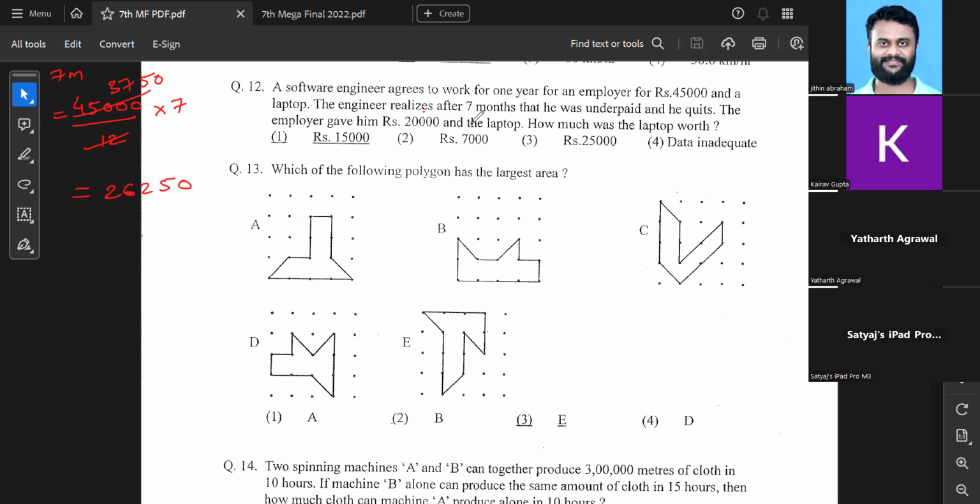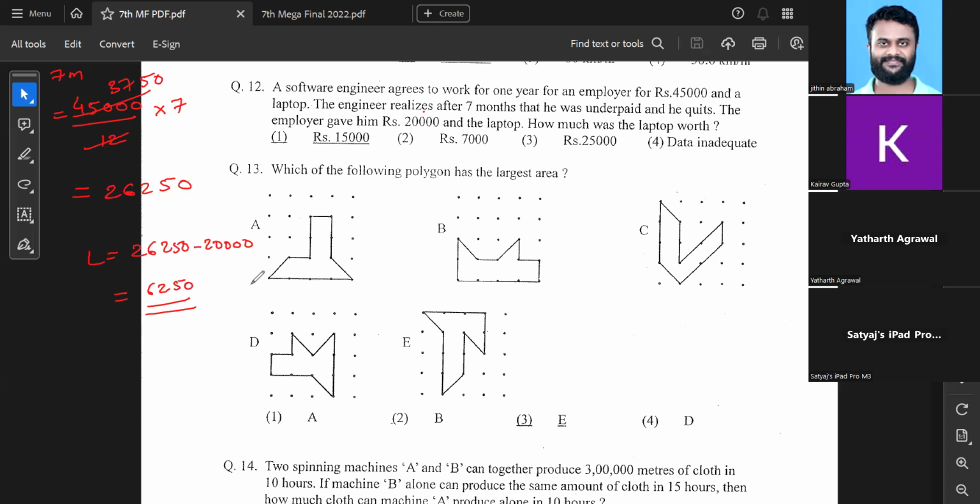I guess there is a printing mistake in this case. Anyway, so for 7 months his salary is 26250, and the employer gave him 20,000 rupees. So the laptop's worth is basically 26,250 minus 20,000. That is 6250, which is not matching with the option.